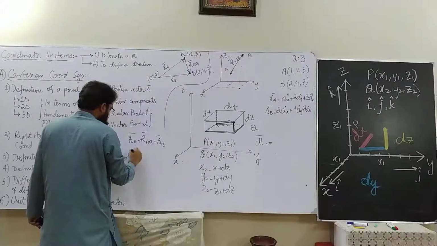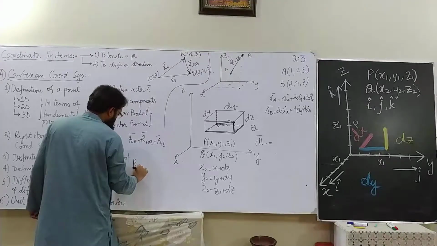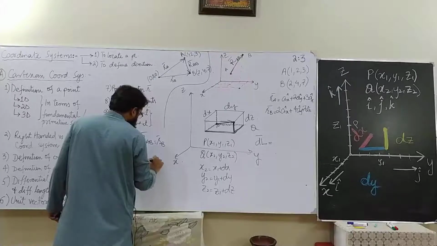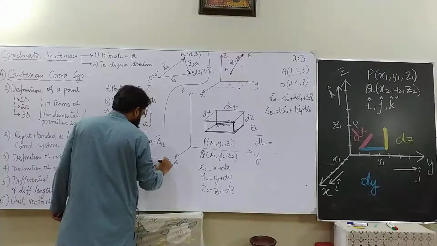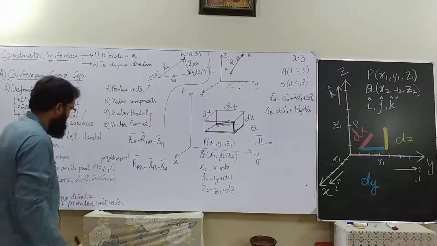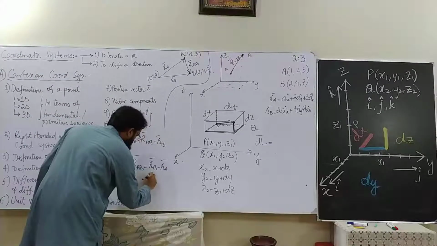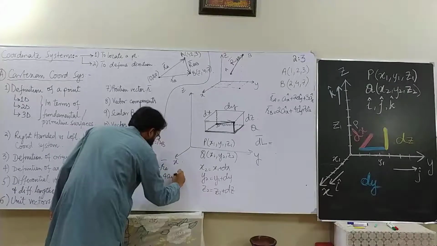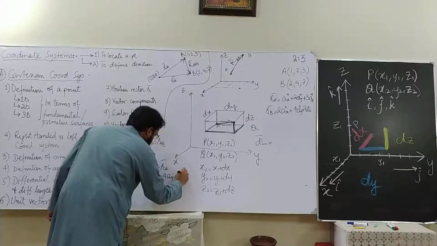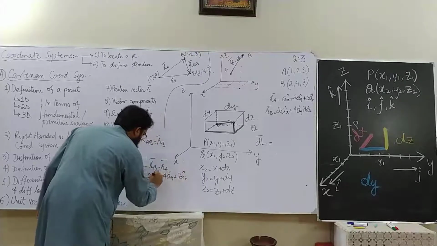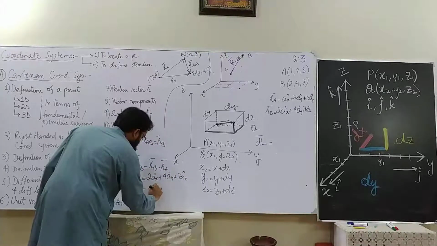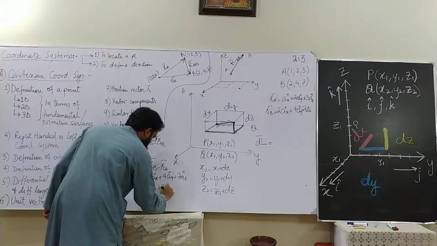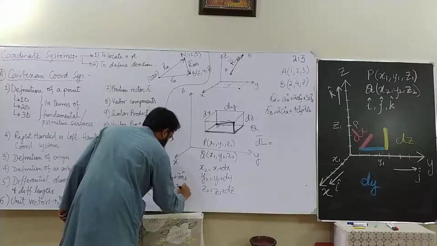So to find RAB, what I need is RB minus RA. Position vector RB is 2AX plus 4AY plus 7AZ, minus RA, which is AX plus 2AY plus 3AZ.